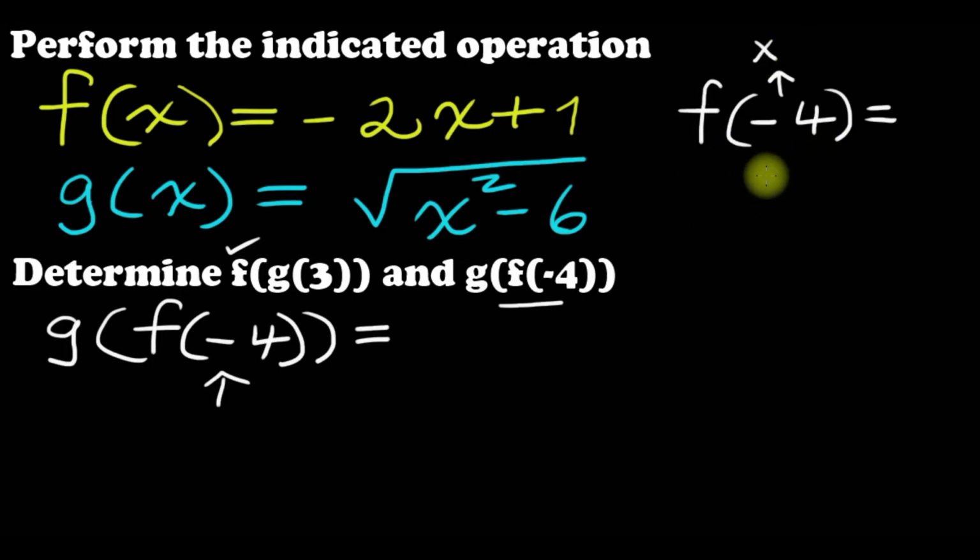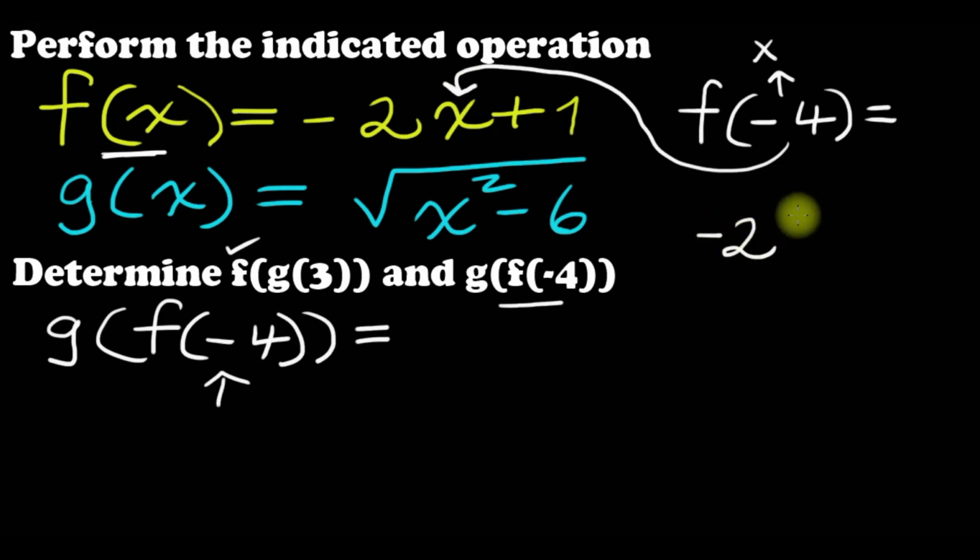How do we find f of negative 4? You find f of x, so f of x is right here. See it? Then you plug negative 4 where x is. So it looks like this: negative 2 times negative 4, and then plus 1.